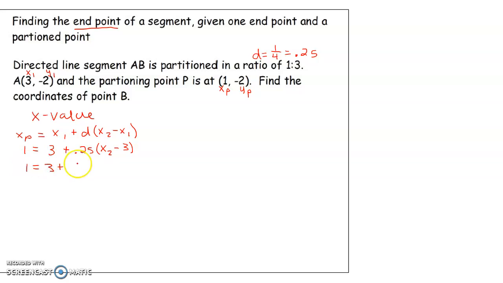3 plus, I'm going to distribute. At this point, I'm just going to label this x. I know I'm looking for my second x value. 0.25 times, it's a negative 0.75. I'm going to combine my like terms.